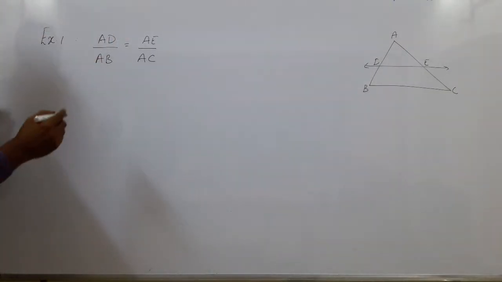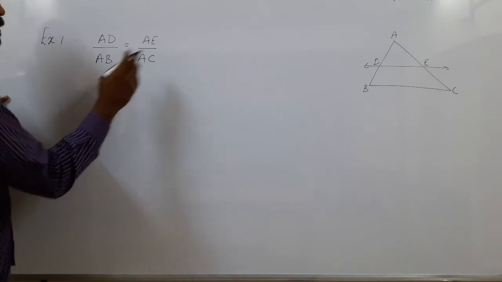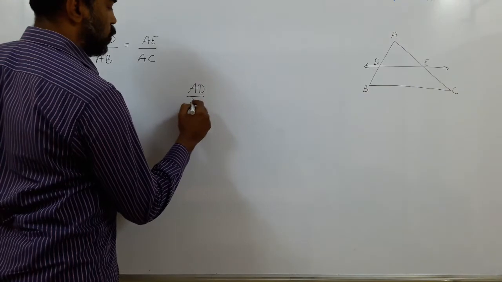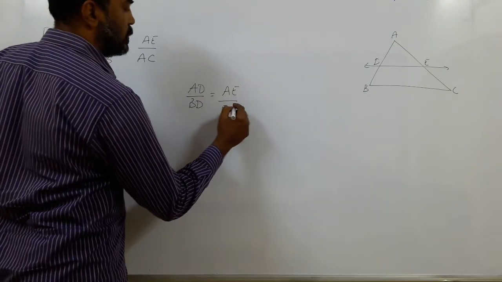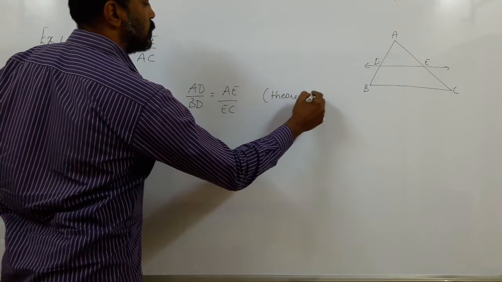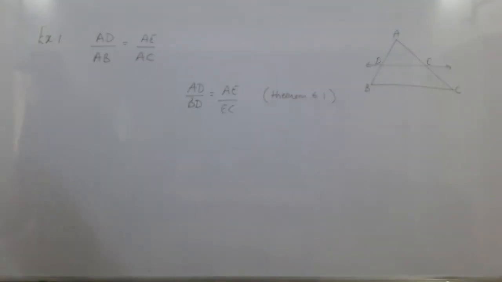So when this condition is given, what does the theorem say? The theorem says, if this is the condition, then AD upon BD equal to AE upon EC. Yes, theorem 6.1. So theorem 6.1 tells us that this is already proved.